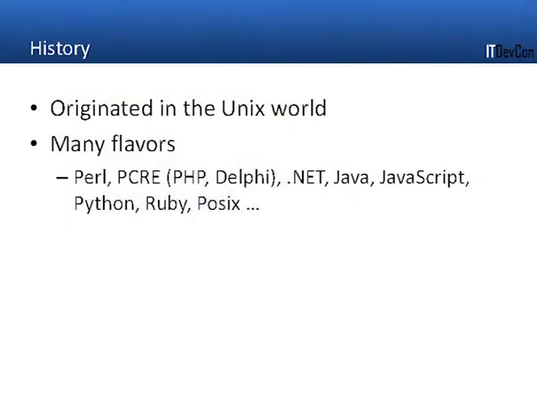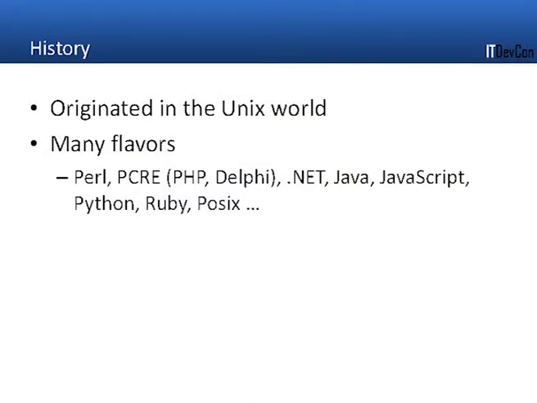Most of the old-time flavors, we call them, because there are many almost compatible versions of regular expressions. And then there is one which is quite different. They all started in the Unix world. Then, as you see, they moved into other projects.